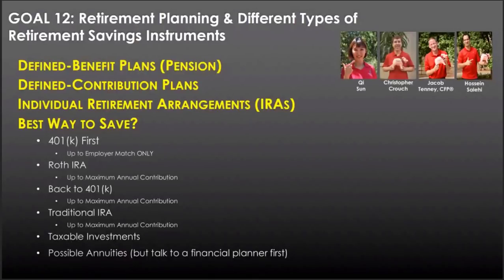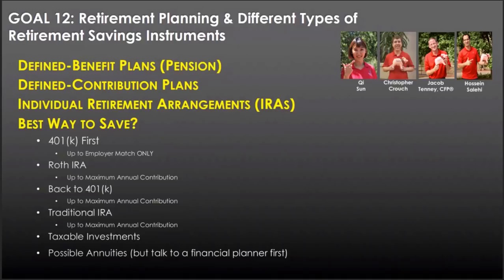So first of all, you need to make sure you contribute to your 401k first, up to the employer match only, because you want to maximize the amount that your employer will match, because it's kind of free money for you. Okay, but after that, you want to switch to Roth IRA because it doesn't have any minimum distribution requirements, or RMD.